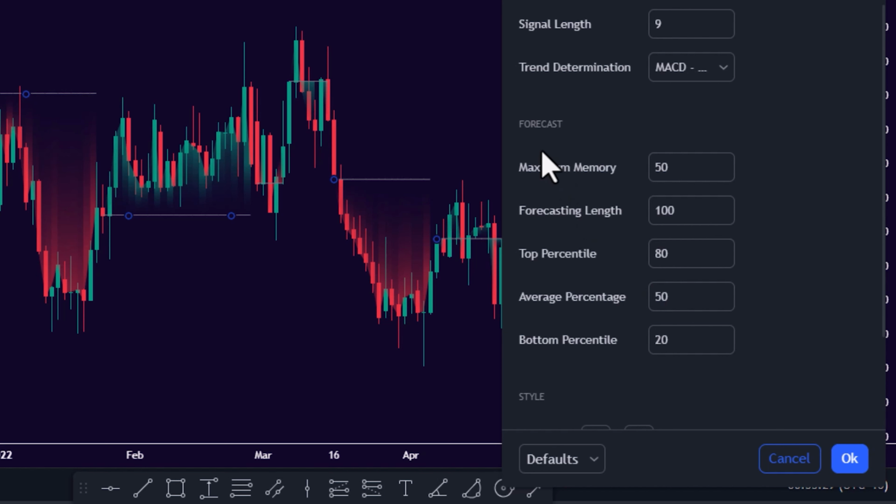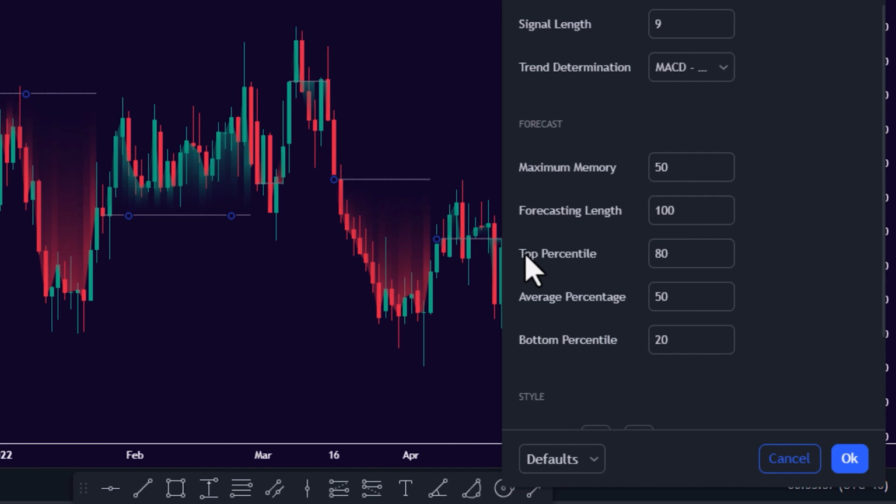Under the MACD settings, there is the maximum memory. This determines the maximum amount of prices recorded at each step succeeding a signal. Lower values will return forecasts with a higher degree of variability. Forecasting length. Forecasting horizon in bars. This value only serves as a limit of the forecasting horizon and might not be reached depending on user-selected MACD settings.